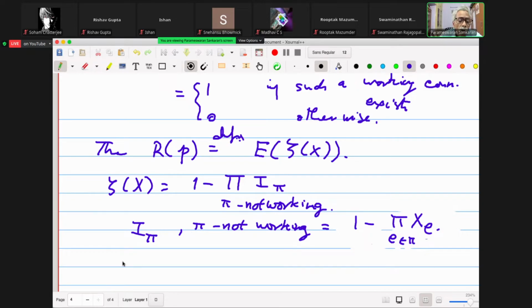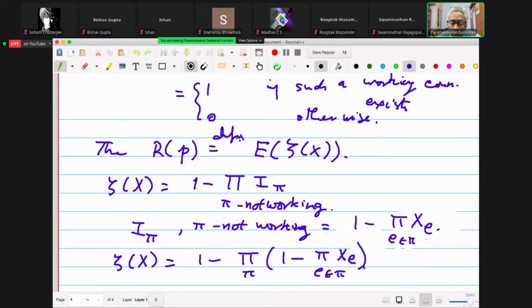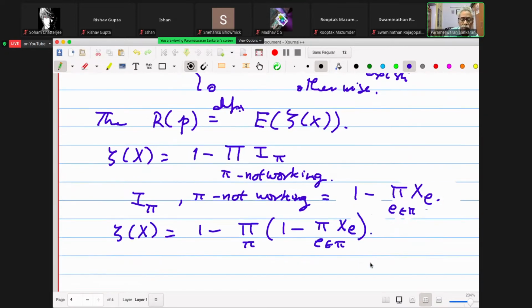And now you can write therefore psi of this is equal to 1 minus the product over pi of 1 minus product of e in pi, xe. Such a simple thing, but very confusing to me.